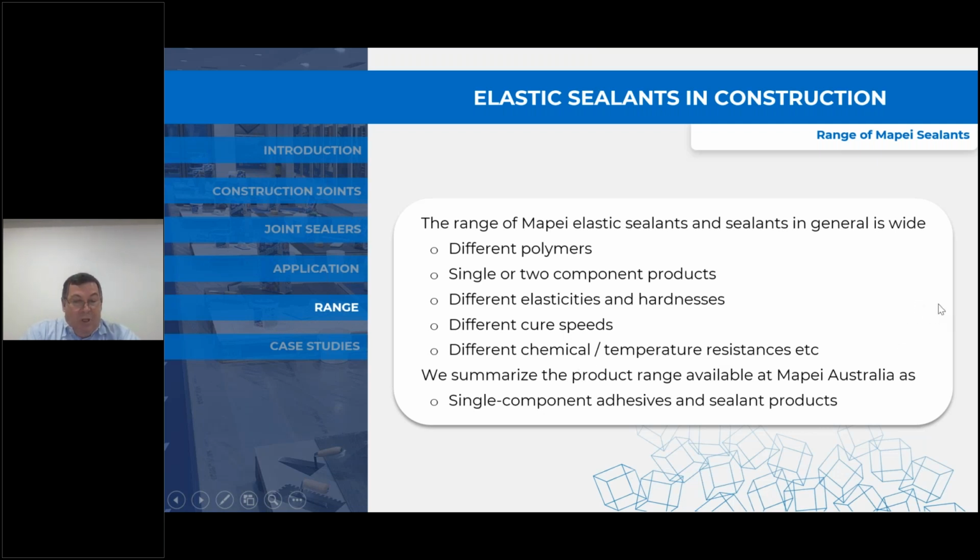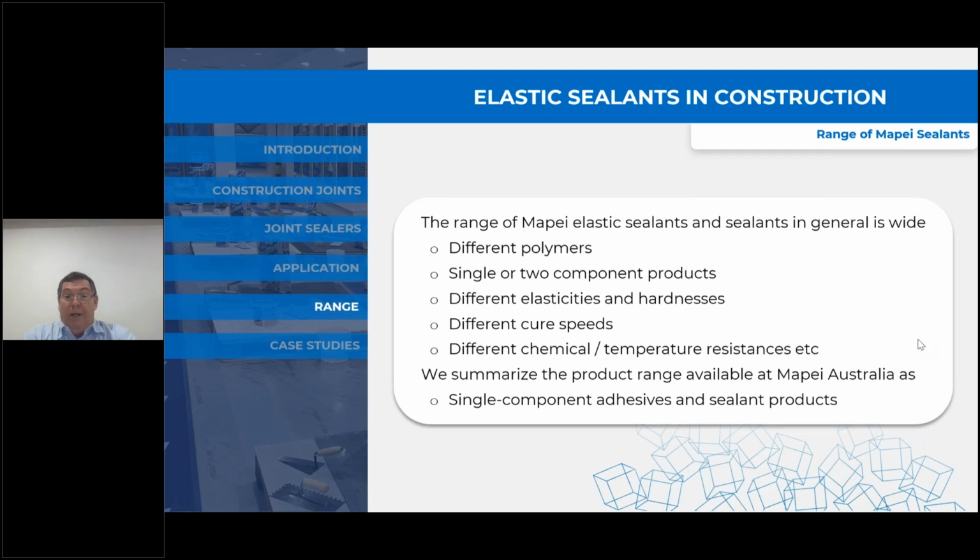So in Australia, we summarise the product range available at Mapei as all single component adhesives and sealants. And I'll talk a little bit later about one and two component adhesives in the anchoring side of things. But all of our sealants, flexible adhesive sealants, are single component, no mixing required.